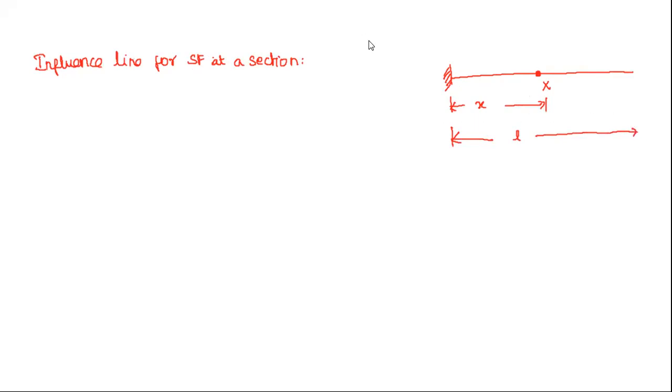So for considering this, we will consider two conditions, that is A is less than X. So that is when the load is in between this A and D region. So I'm considering the load to act here, that is W equal to 1.